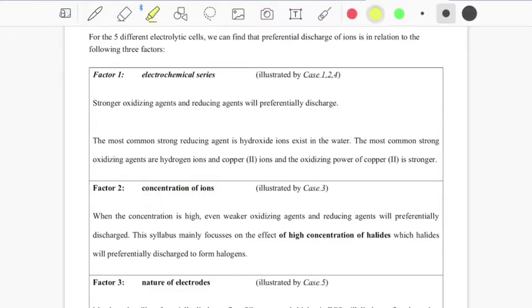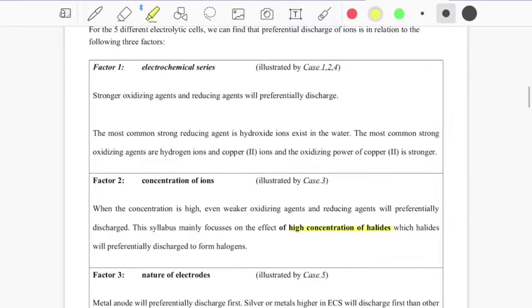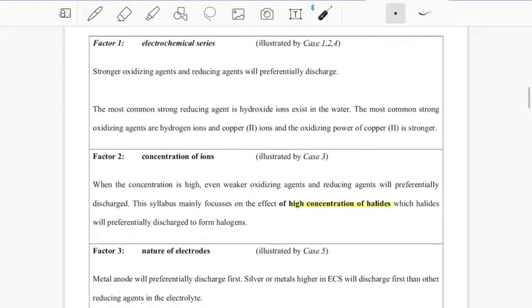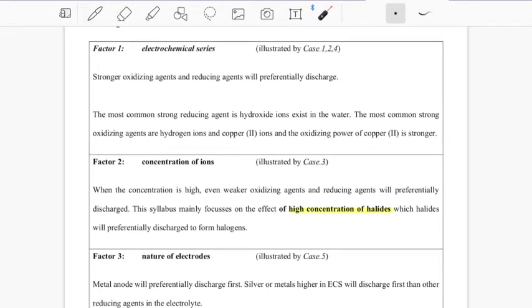In this unit, you just need to focus on the concentration of the halide ion. And the third factor is the nature of the electrodes. Are you using an inert electrode like carbon, or are you using something else like a metal, for example silver or copper, as the electrode to do electrolysis? But bear in mind, these 3 factors are not listed in the order that we need to consider them.